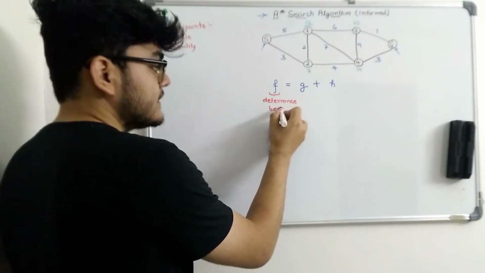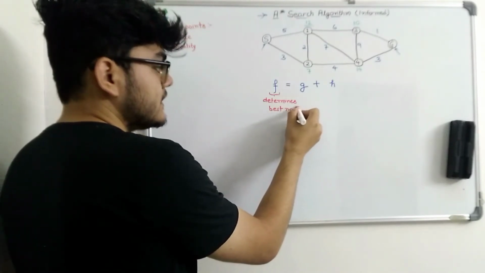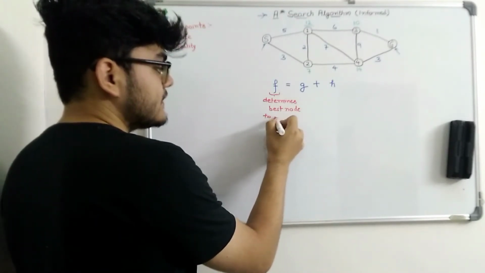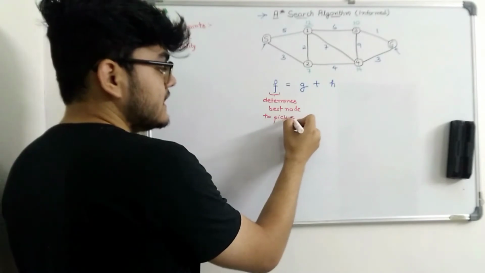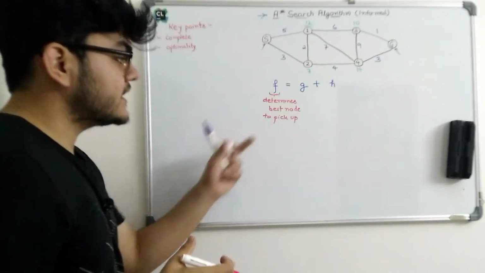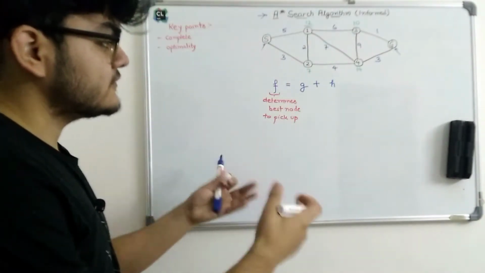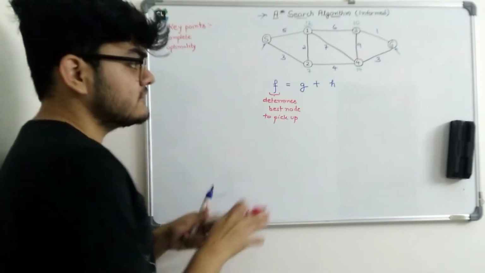So the algorithm will use this value of F to determine which node is the best one to pick up, and then we have G and H.